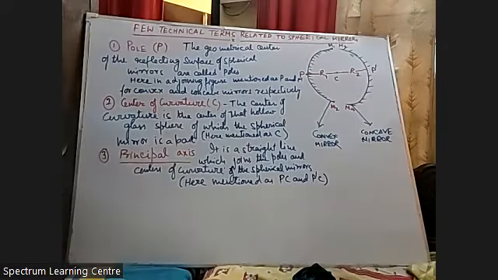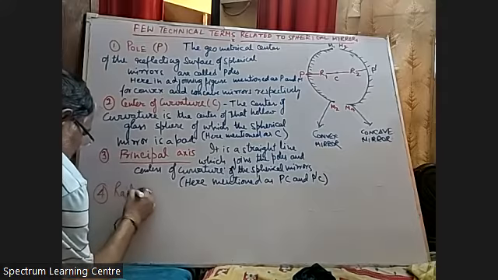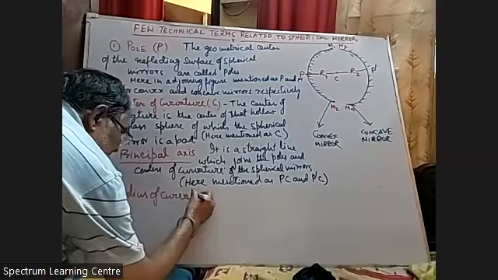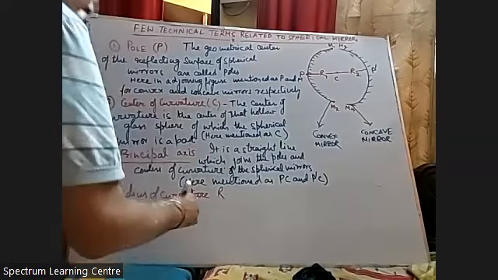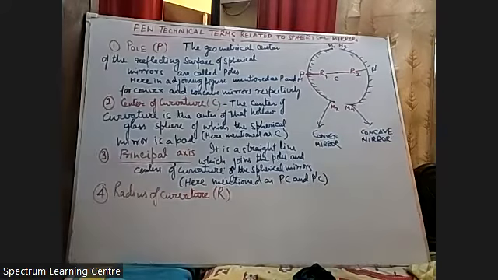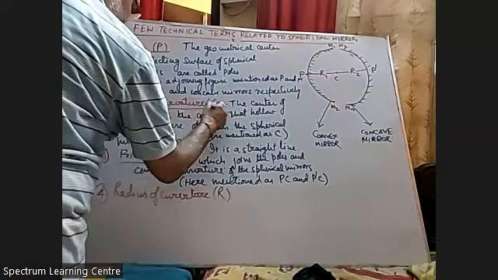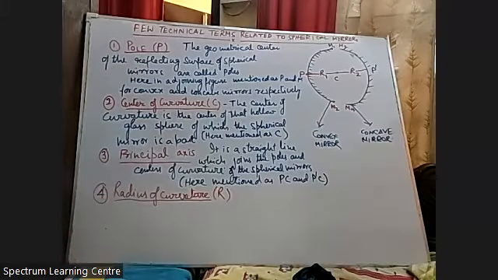Clear? Number 4 is radius of curvature. It is denoted by normally R. Here I had to take R1, R2 because I have taken two separate mirrors, concave and convex, both at the same time. So what was center of curvature? Can anyone tell me?